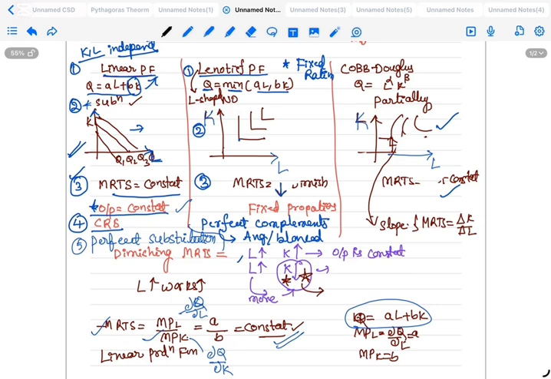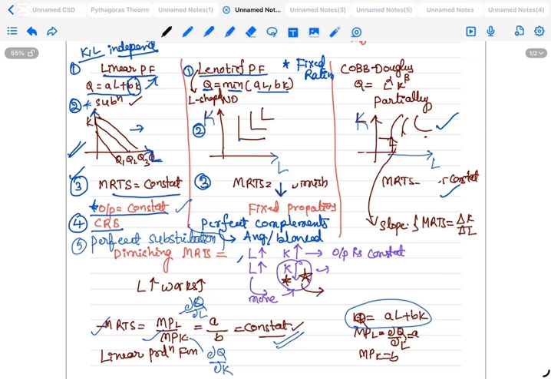If the labor is 0, the output is still produced, and if capital is 0, still the output is produced. So K and L are independent. Perfect substitution means you can replace L and K vice versa.